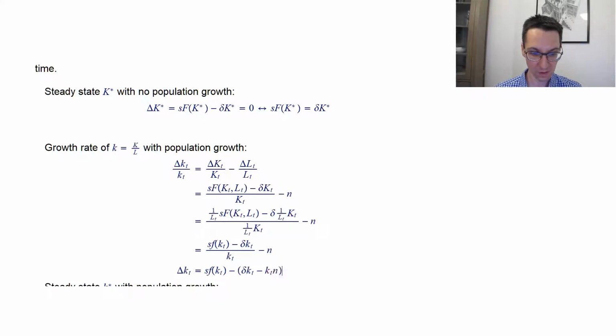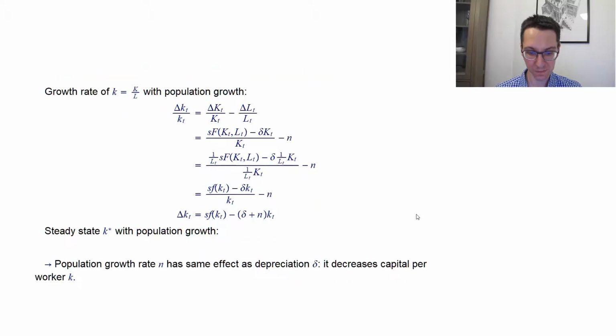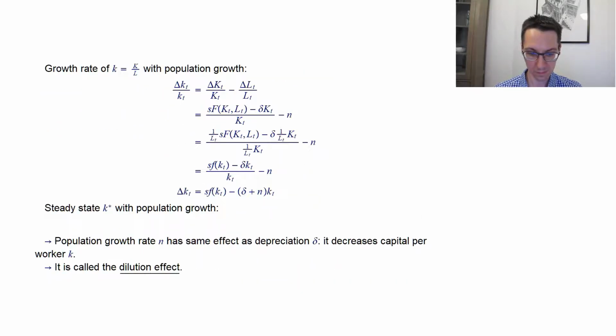So delta k_t equals s f of k_t minus delta k_t minus k_t n, and I can put these terms together and have this k_t at the end.